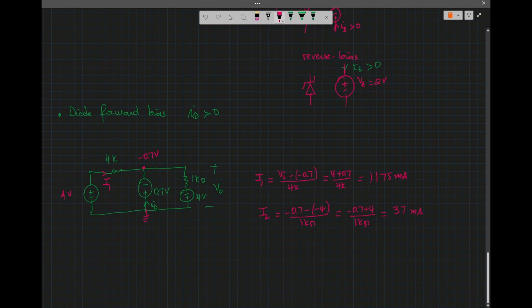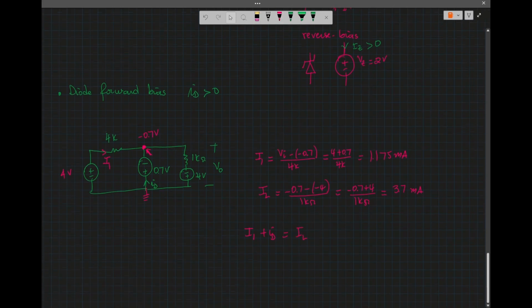When we do KCL at the node on top, that gives me I1 plus ID equal to I load. I'm doing this to check whether ID is positive.